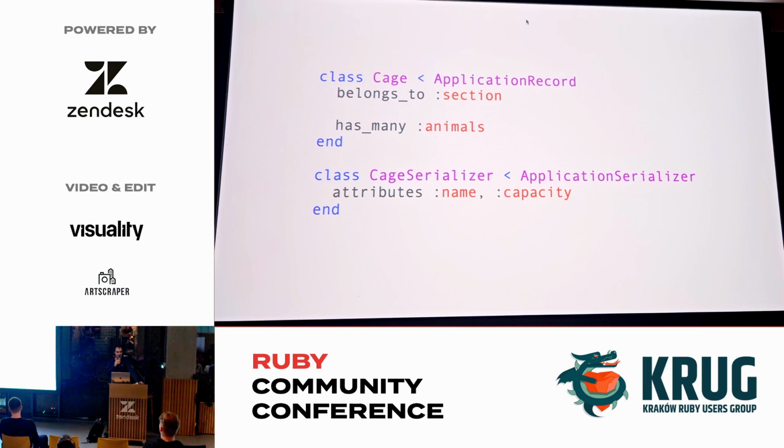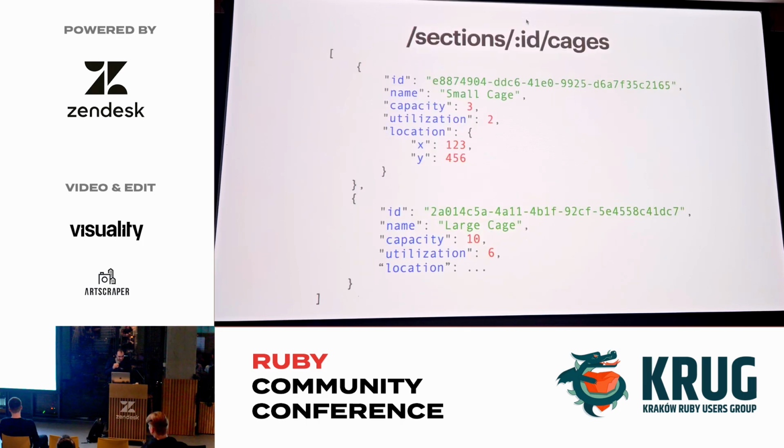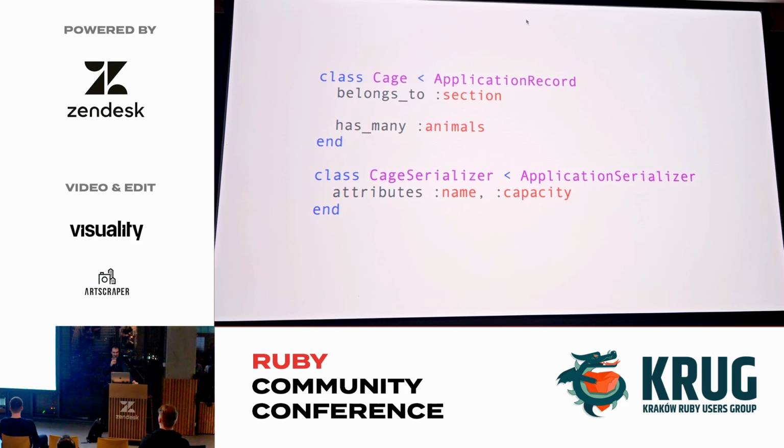So you have your serializer, you can set up the name and the capacity, but if you want fields from another data model, then your serializer isn't enough, you need to do a join.